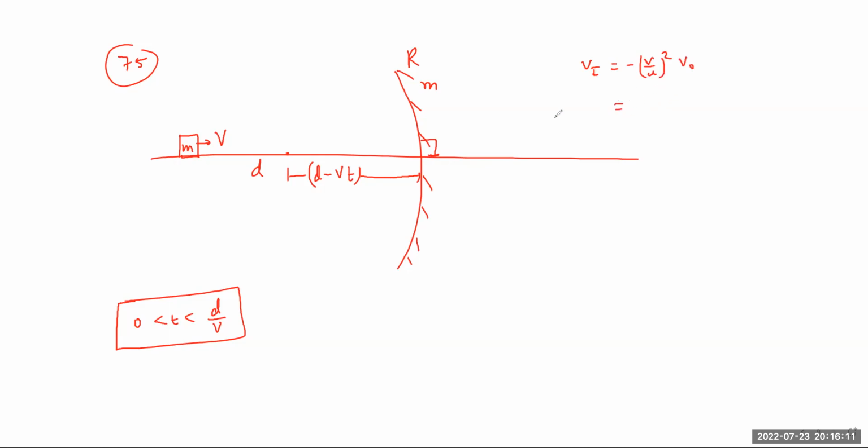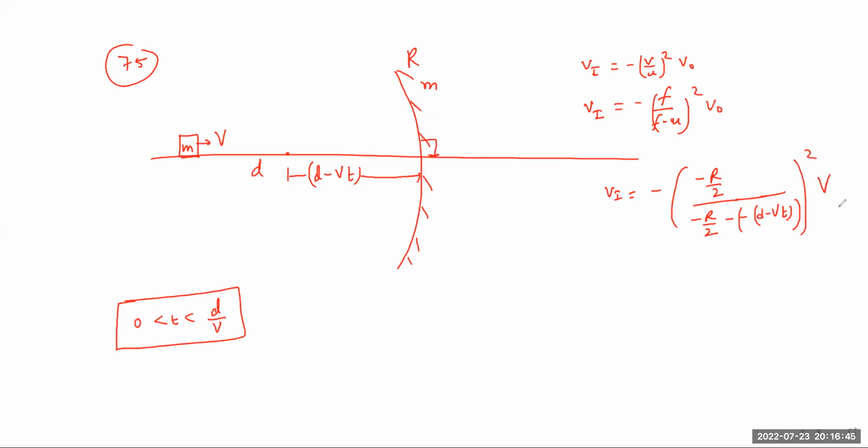And because we know the radius of curvature, we know f, and we write 1 by f minus 1 by v. Substituting with proper sign convention, minus r by 2, and the distance is minus of d minus vt, and this is v.